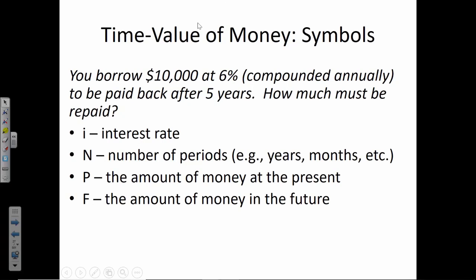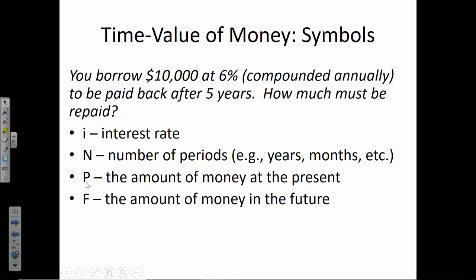All right, so these are the labels and the symbology that we use. We've already talked about how interest rate is represented either above or below the cash flow diagram. N is the variable that we assign to the number of periods, whether they be years, months, quarters, whatever the case may be.